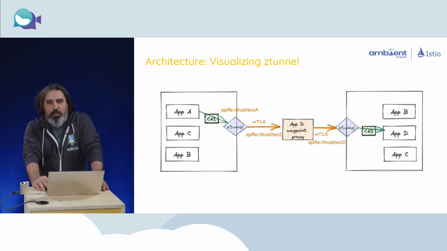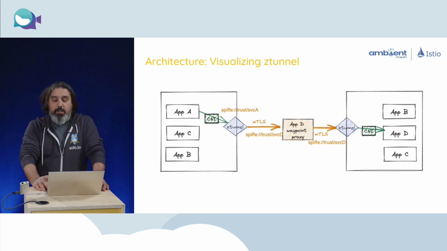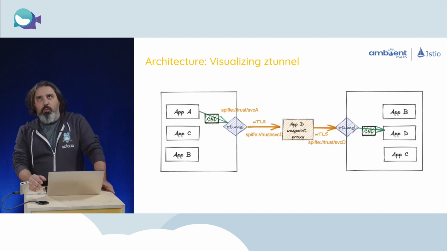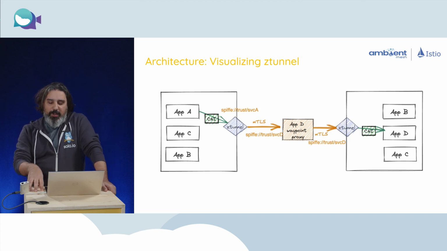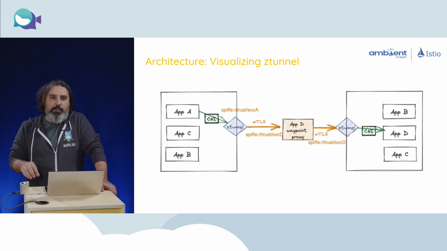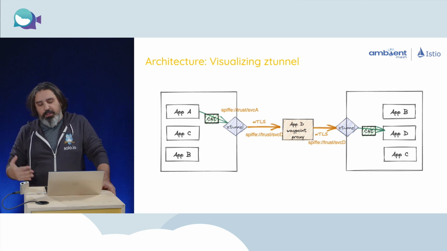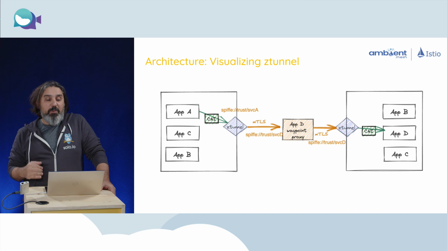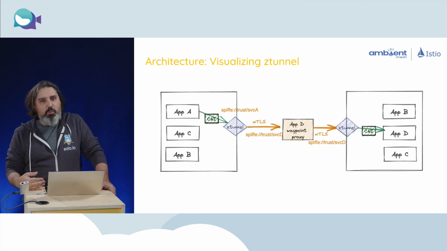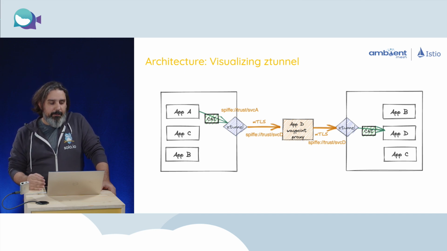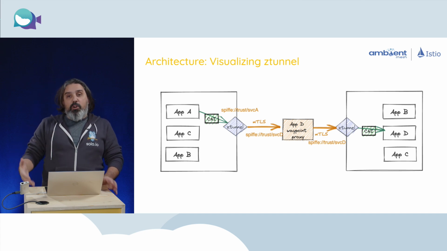The waypoint proxy makes its decision based on the SPIFFE identity of your workload. What is the SPIFFE identity? Every workload in Kubernetes, of course, has a service account associated with it. That service account represents the workload identity, so what that workload can perform, and the identity of the workload is really its service account. Based on the service account of your workloads, the waypoint proxy will make a decision.